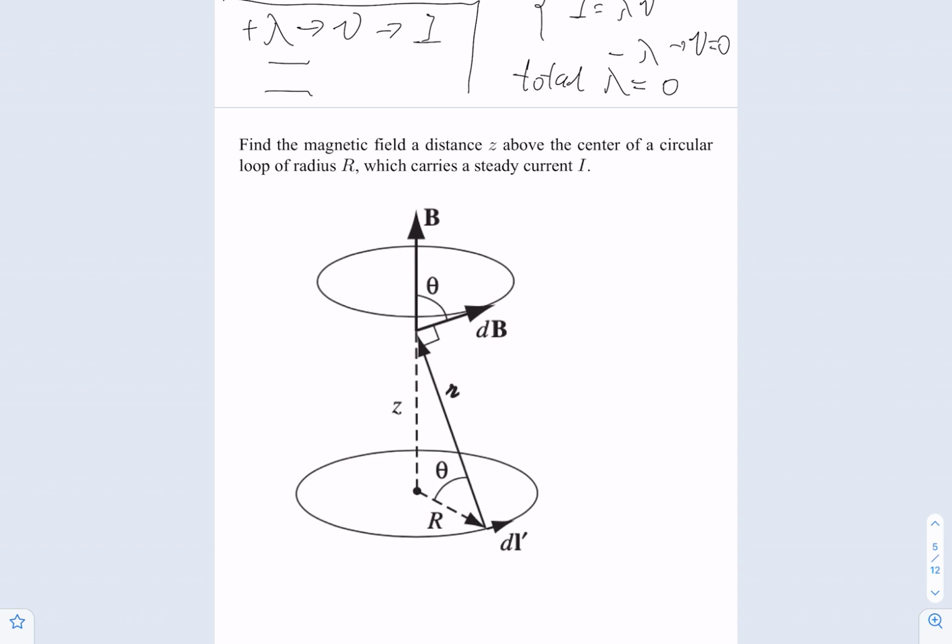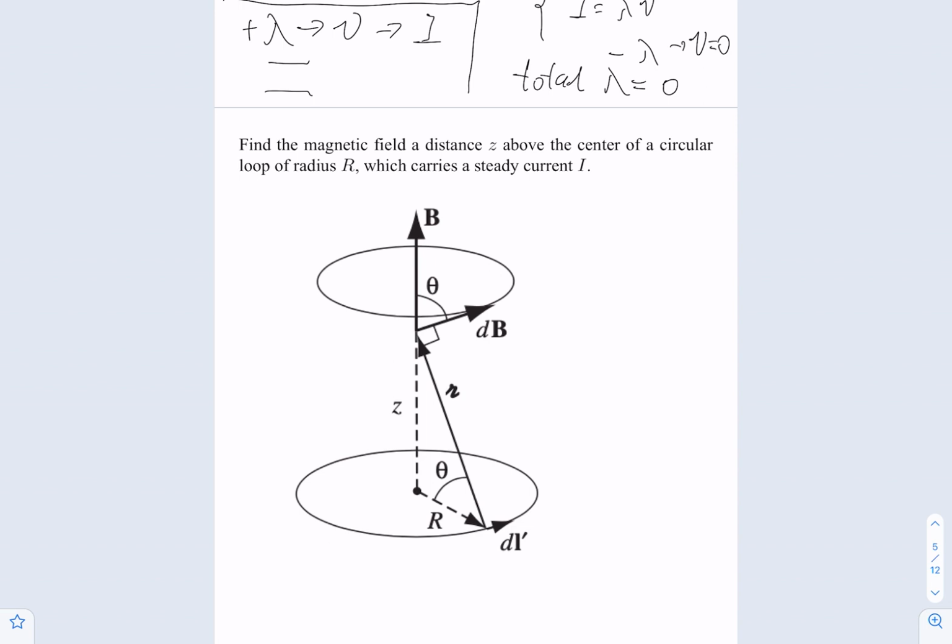You can see that as we move this dl around to form a circle, the magnetic field also follows this curve. If you look at my hand, it will circle around, looking like this. So there are components along this z direction, and there is also a component along this radial direction.